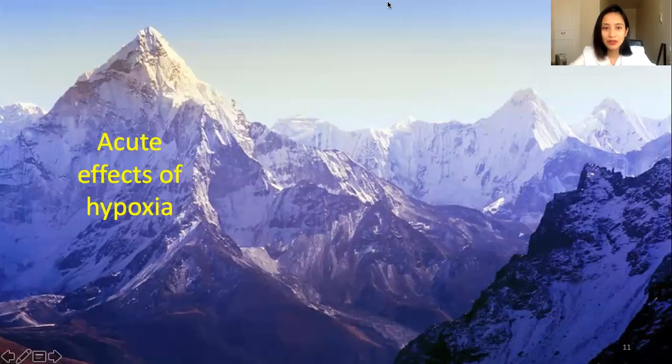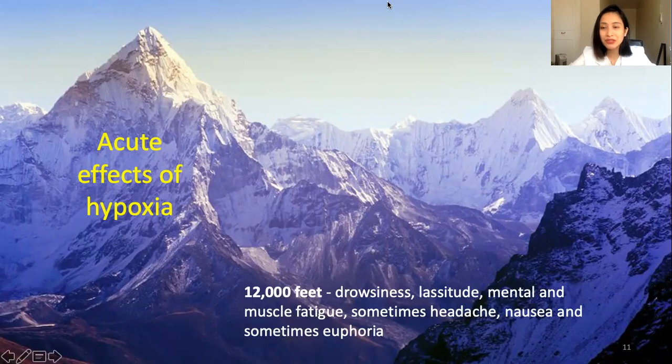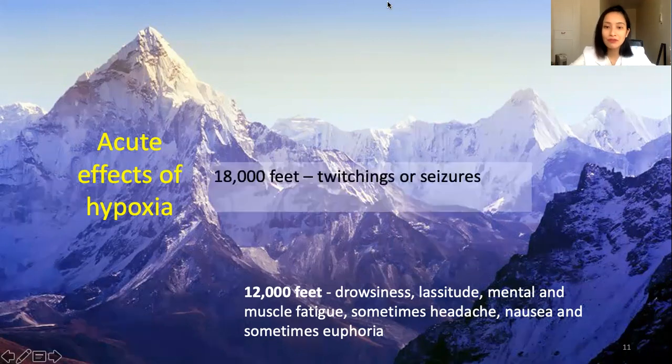So what are the acute effects of hypoxia at 12,000 feet if you're breathing just room air? You can experience drowsiness, lassitude, mental and muscle fatigue, sometimes headache, nausea, and sometimes even euphoria.